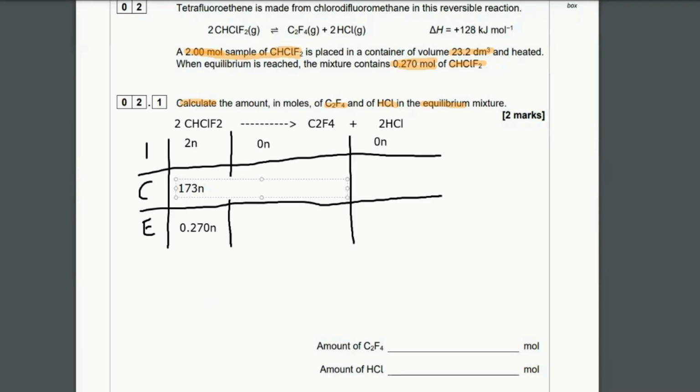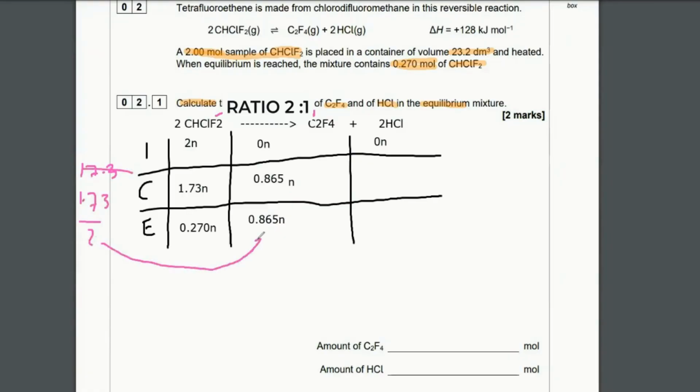So what happened is, of our 2 moles of initial reactant, 1.73 moles were used up, leaving behind 0.270 moles. Now, as the ratio of our reactant to our first product is 2:1, it means we only get half the amount of moles used up, or created, of the product. So we go 1.73 divided by 2, because the ratio is 2:1, we get 0.865. So at equilibrium, we have 0.865 moles of the first product.